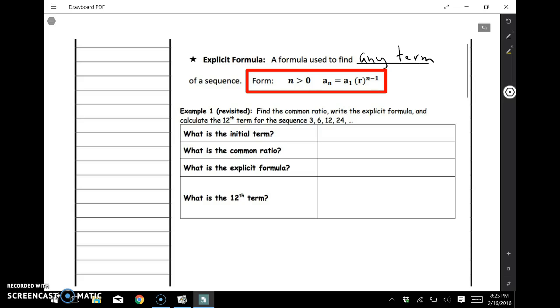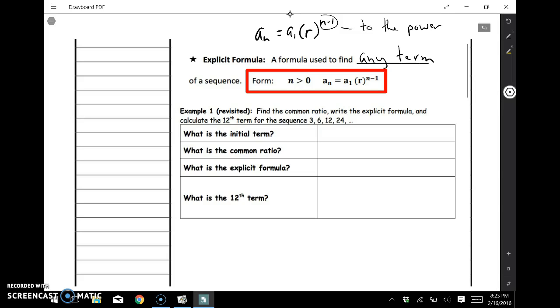I'll write it again for you: a sub n is equal to a1, which you should know is the initial term, multiplied by the common ratio, r to the power of n minus 1. That n minus 1 is going to be an exponent. So r is to the power of n minus 1.